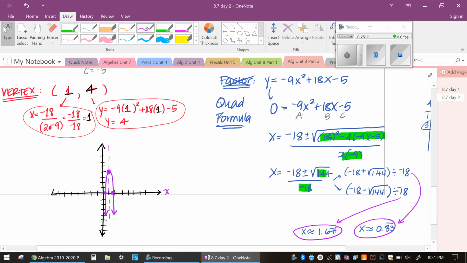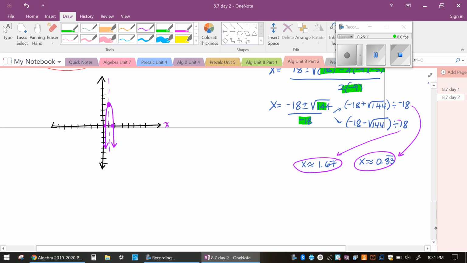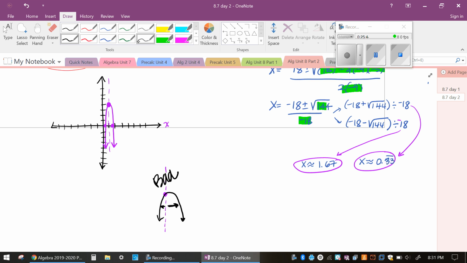Now, you never ever want, for example, to draw the axis of symmetry down the middle, and then have one side of your parabola be farther away. Do you see the space here? You don't want this to be farther away from the axis of symmetry than on the other side. That's bad. You want the distance to be exactly the same on both sides.